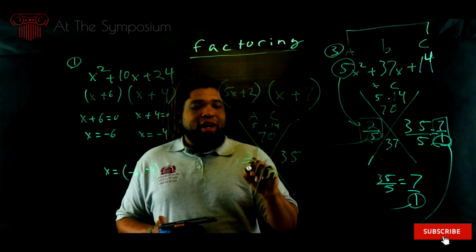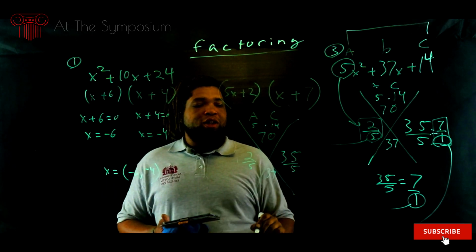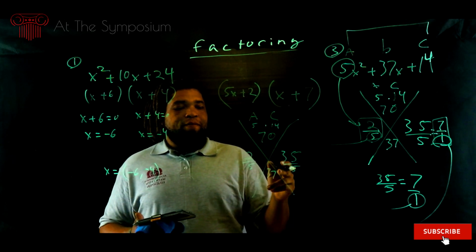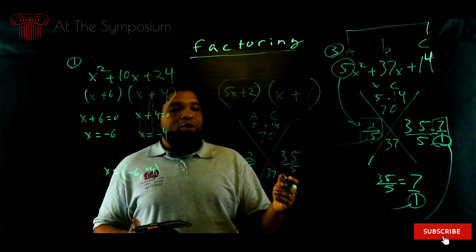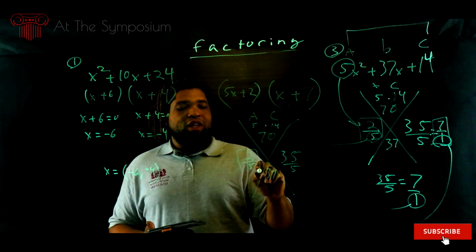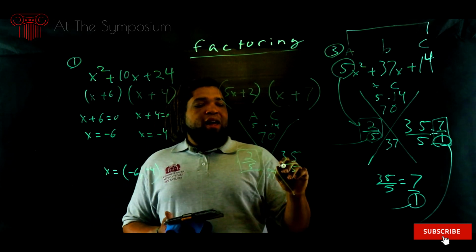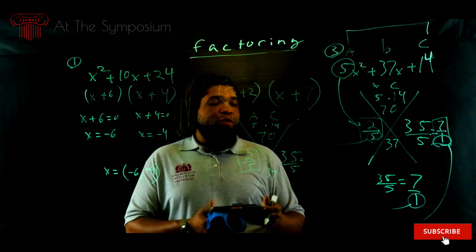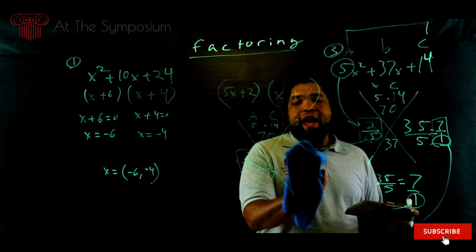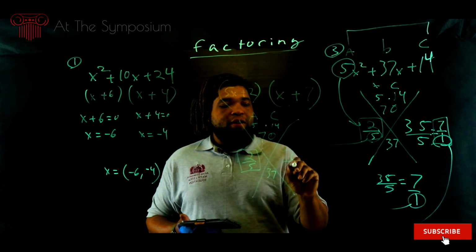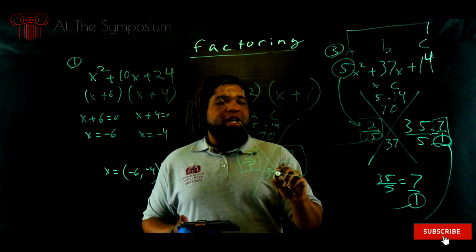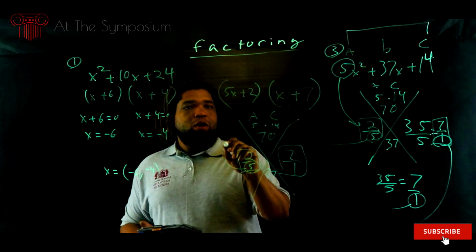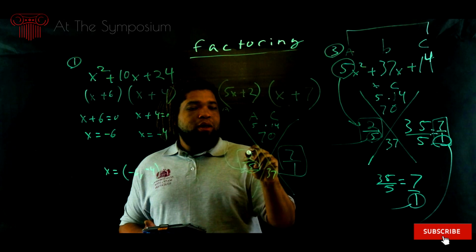Then we took this and put our leading coefficient on the denominator, made them into fractions, and then sought to see if we could reduce those fractions. If we couldn't, we just leave the answer like that. If we can, we just simplify the fraction. So 35 over 5 really becomes 7 over 1, and we keep it over 1 because we want to see the coefficient. And we take the coefficient here, we move it there.